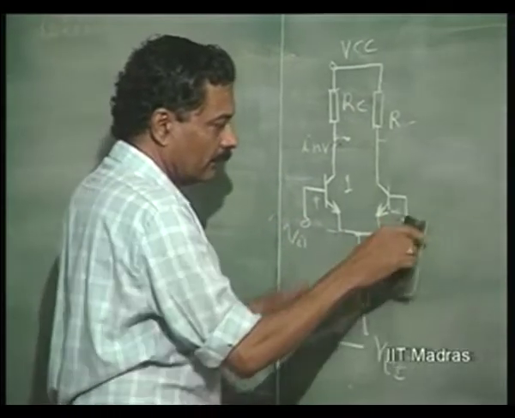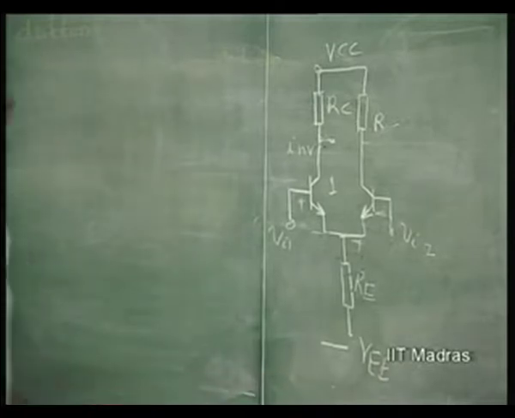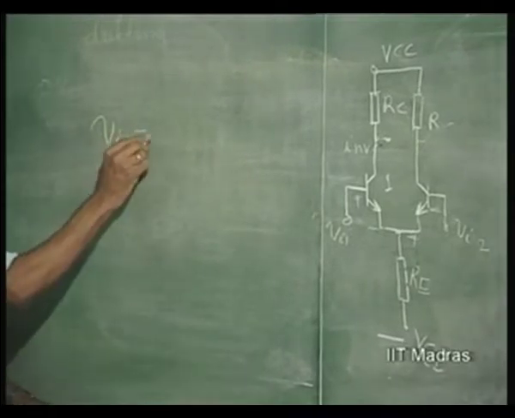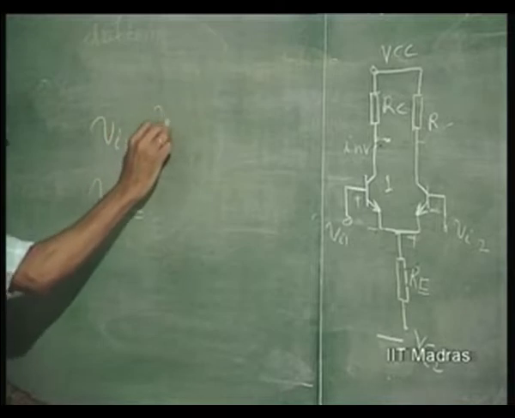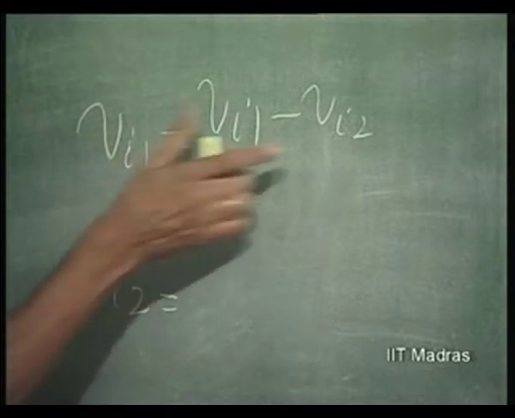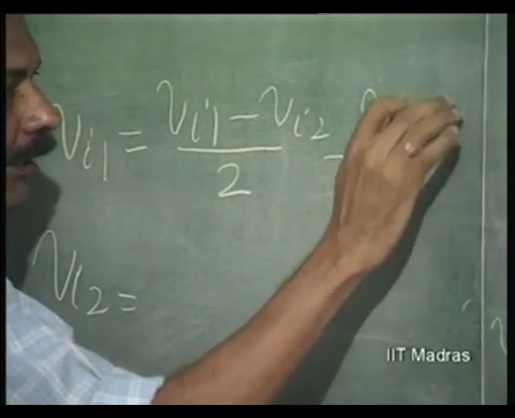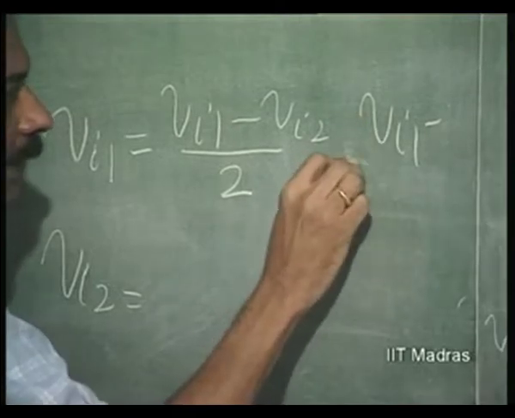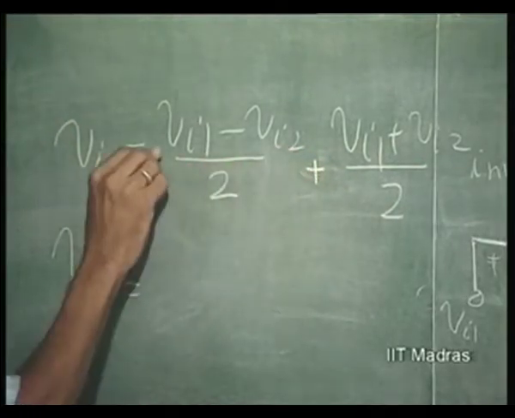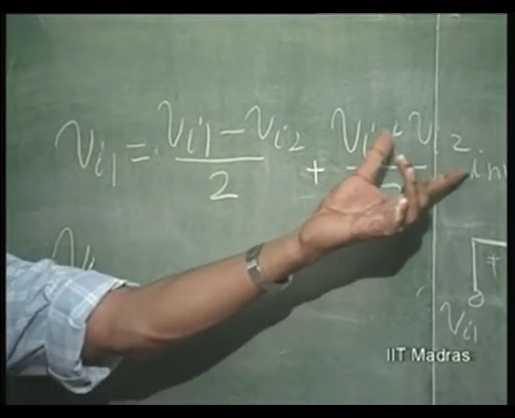Vi1 and Vi2, can always be given as Vi1 equals (Vi1 minus Vi2), which is called the differential signal component, divided by 2, plus the common signal, which is (Vi1 plus Vi2) by 2.